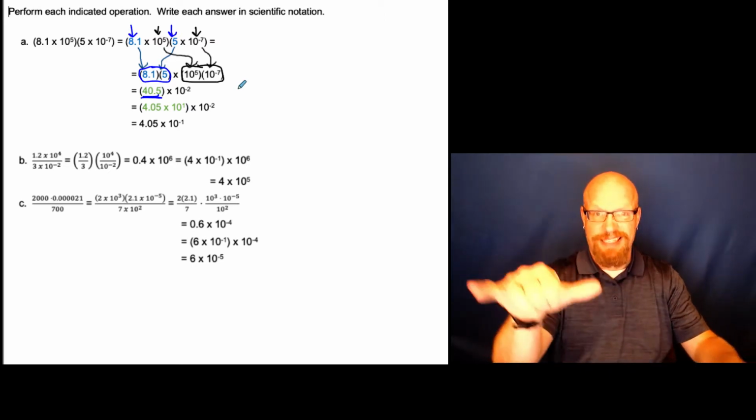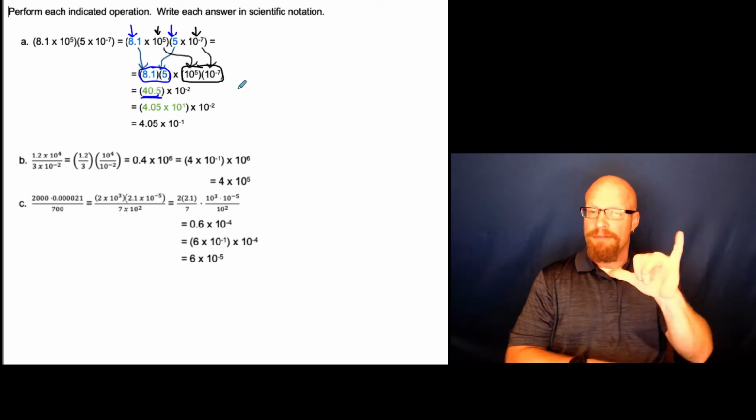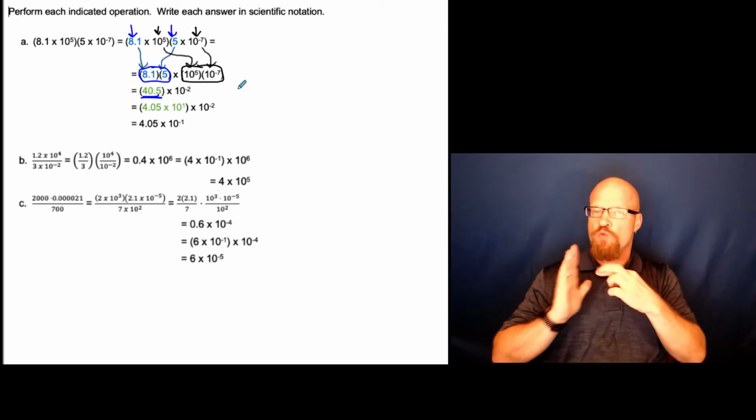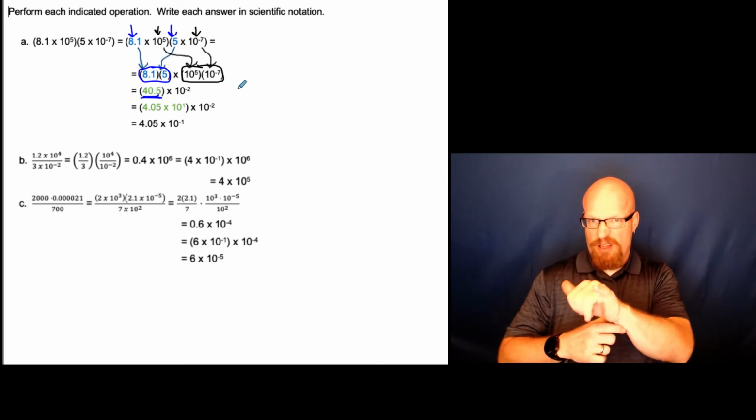When we multiply 8.1 times 5, the answer is 40.5. We're going to hold this because 40.5 doesn't fit with the rules of scientific notation. Okay? Hold that for a second.